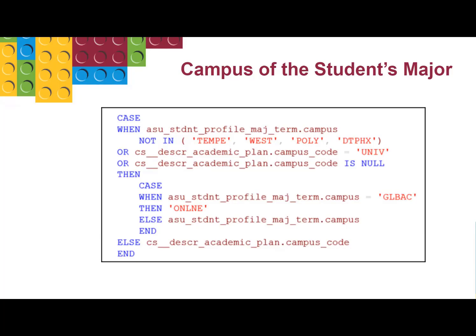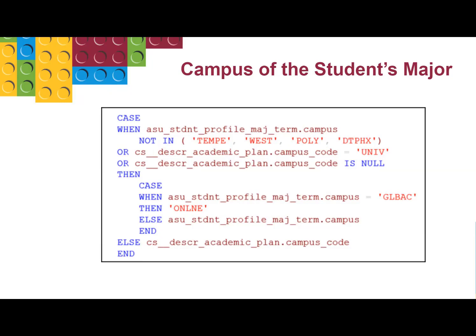So the key fields: the campus from the student profile major term. This is the campus that shows in PeopleSoft in the student's program plan stack. This value can be changed by advisors and may or may not be the same campus the student is reported under, and it may or may not be the same campus that they're actually taking classes on.